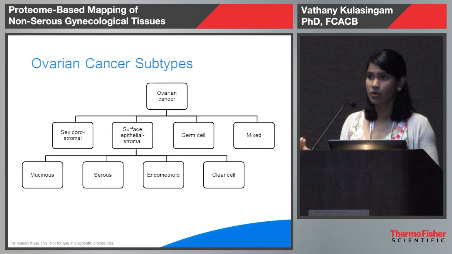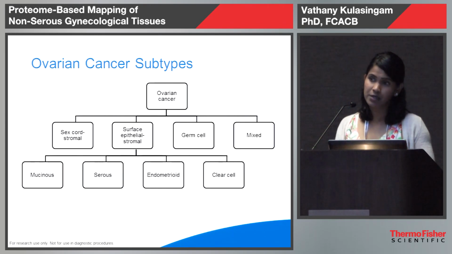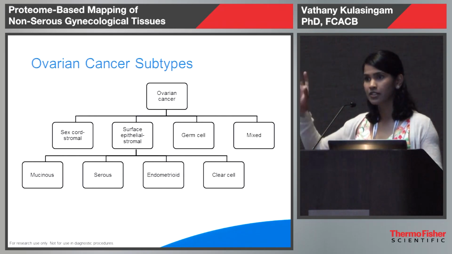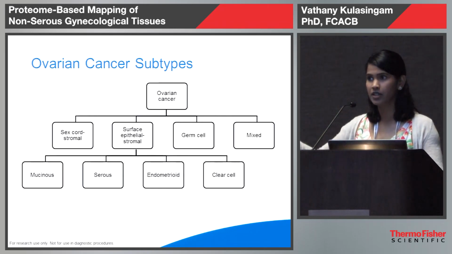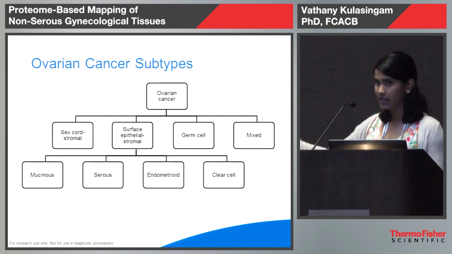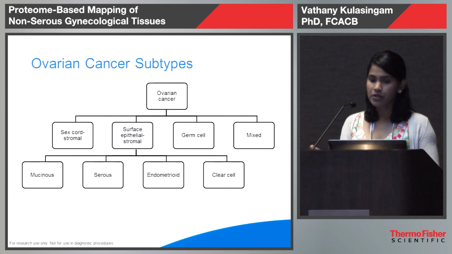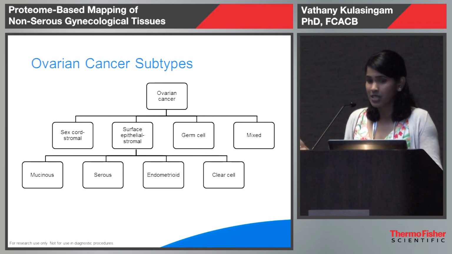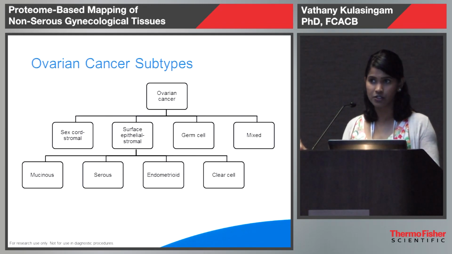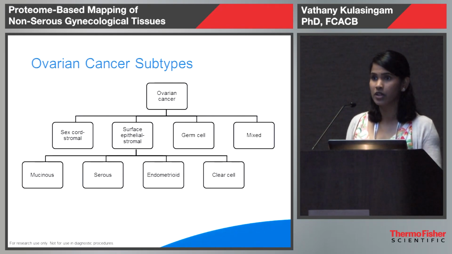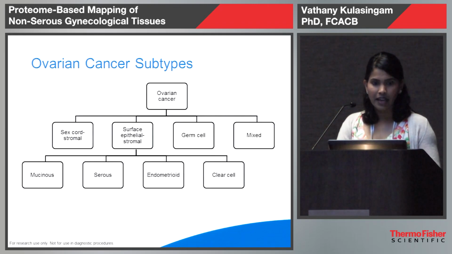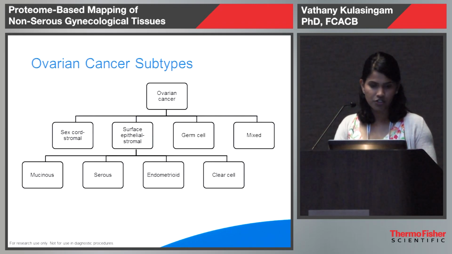Serous ovarian cancer represents 80% of all ovarian cancer cases, and when we typically think of ovarian cancer, that's the subtype we're talking about. That's the one in which serum CA-125 is often elevated in these patients. But ovarian cancer is made up of other subtypes, and that includes mucinous, endometrioid, or clear cell carcinomas. Those 3 are what I will call the non-serous subtypes of ovarian cancer, and they make up the remaining percentage.